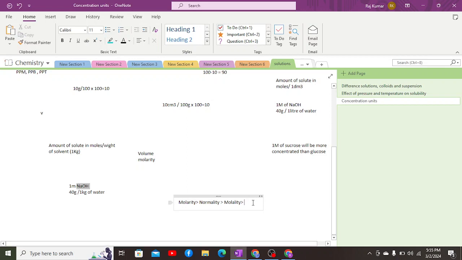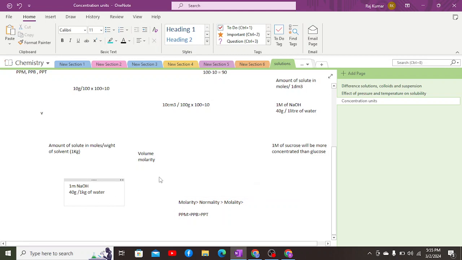Now these are some large units of concentration. If we talk about smaller units of concentration, we are having ppm, parts per million, ppb, parts per billion, and ppt, parts per trillion. Now ppm is the most concentrated unit among the small concentration units, while ppb is less than that, and ppt is the least among all, the smallest unit of concentration, parts per trillion.